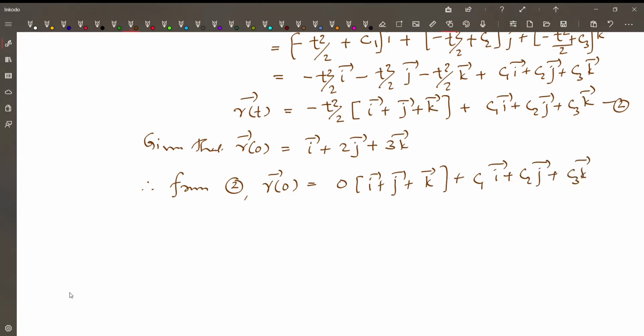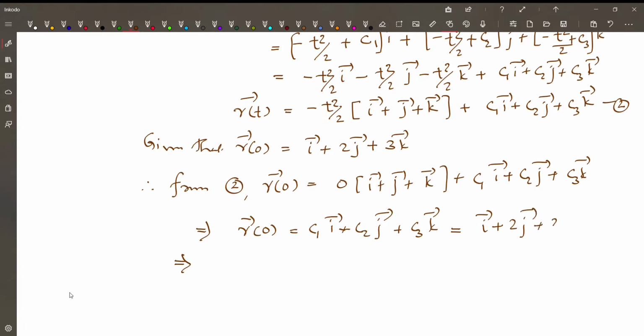This implies r of 0 equal to c1 i plus c2 j plus c3 k, and you know r of 0 is i plus 2j plus 3k. So this is equal to i plus 2j plus 3k. Therefore c equal to i plus 2j plus 3k.